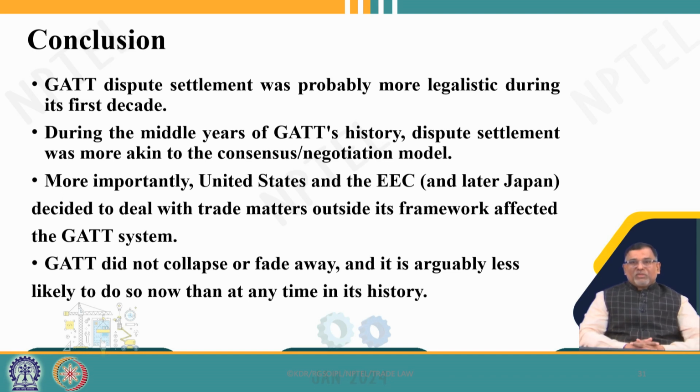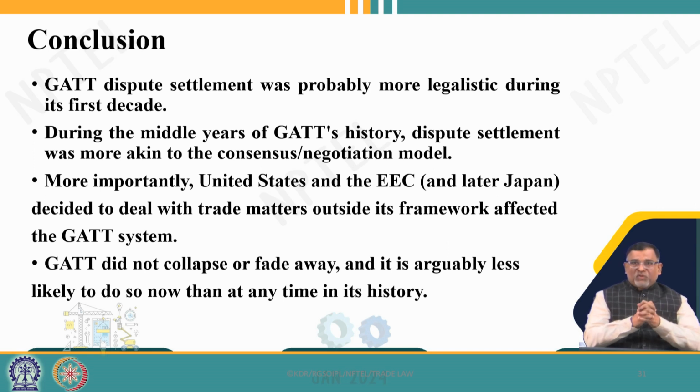And also the GATT dispute settlement system worked very well from 1947 to 1995. Even though it was at a very rudimentary stage, with no special provisions for procedure, the system handled almost 130 disputes and came out with rulings in 130 disputes, even though more cases came to the GATT dispute settlement system.